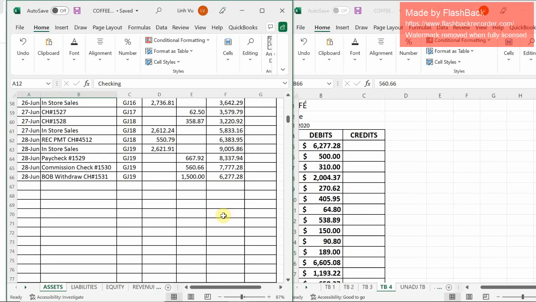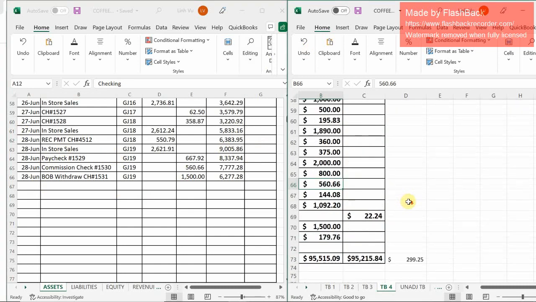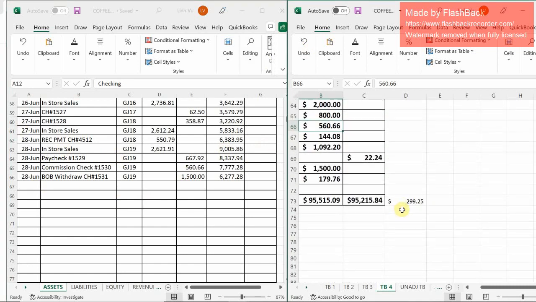I have $6,277.28. So in this case, this is where I have to go through every single transaction in my journal to find out where this $299 discrepancy is going to be. $299.25.